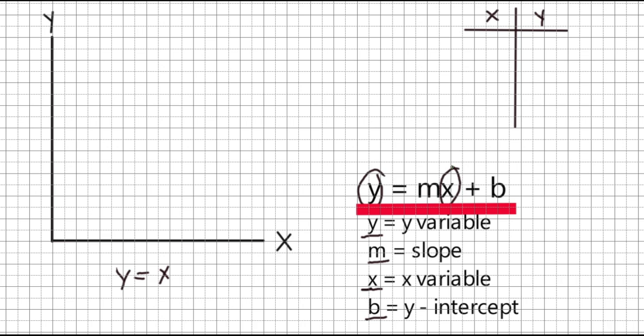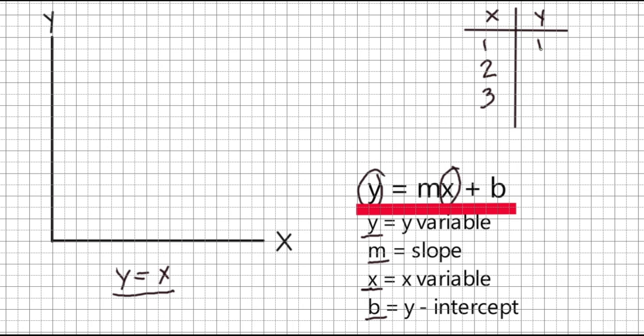Okay, so let's go ahead and start plotting. I know that can be confusing, but let's start plotting and you'll see what happens, okay? So let's just plot a few numbers here. Let's say we have a 1, 2, and a 3. So let's go down to our equation here. So y equals x, okay? So if x is 1, and y equals x, they're the same thing. So if x equals 1, y equals 1.